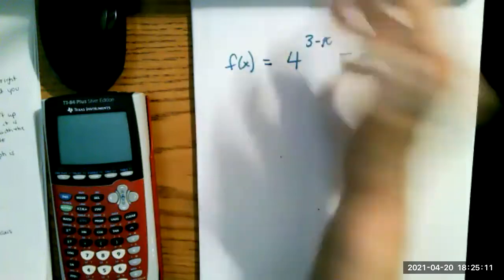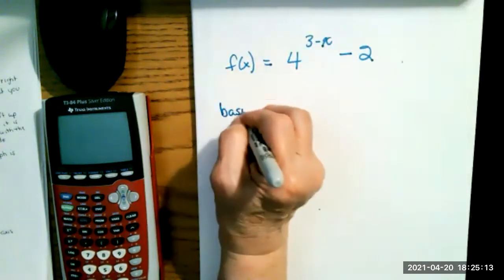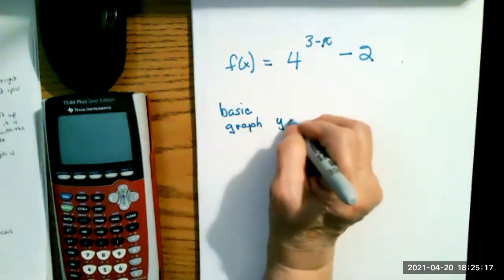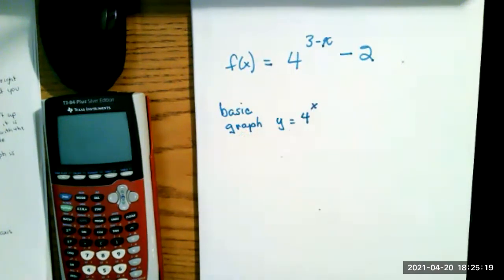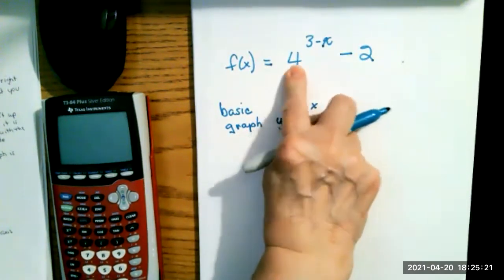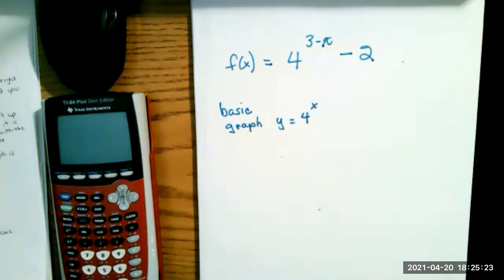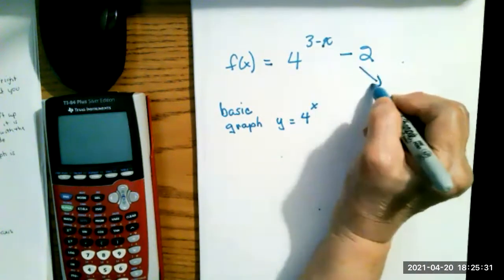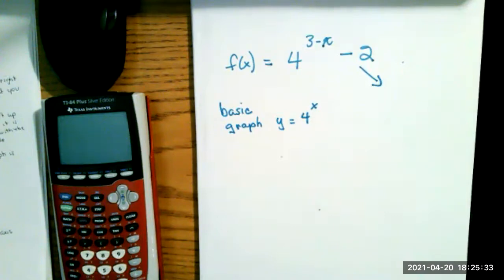Now, I want to remind you, because some of you had trouble with the basic graph. The basic graph on this one would be y equals 4 to the x. This is your base, and this is the little x that would be up there, but we've messed with it. So we've got some things happening on it. Let's do the easy one first. Let's do this minus 2. What is that one going to do?